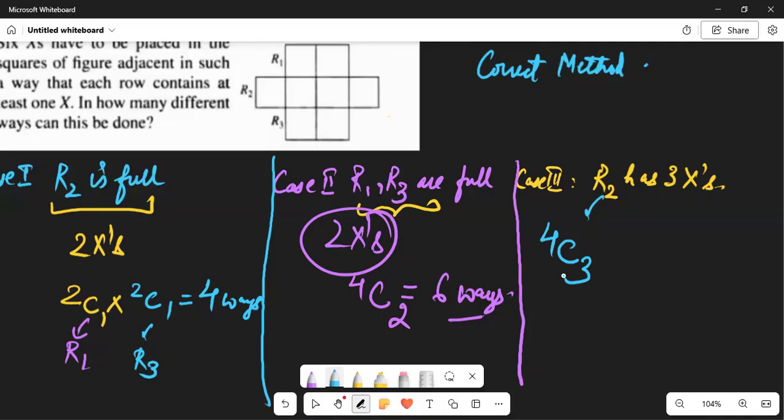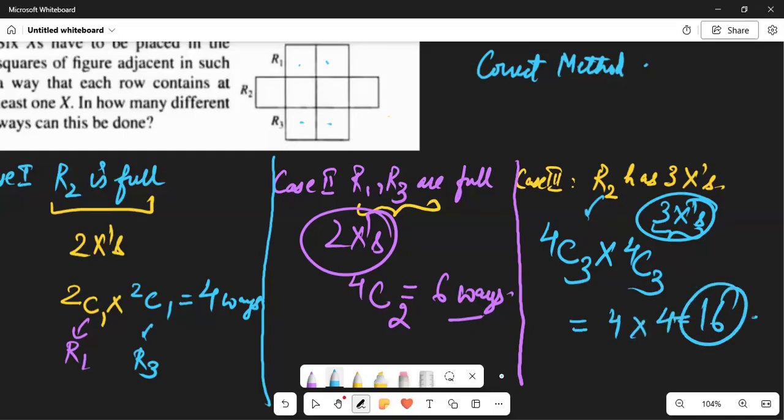So that you can choose your 3 squares out of those 4 squares where you will be substituting your x. Now the rest, you have 3 x's remaining because R2 has already taken 3 x's, and those rest 3 x's you have to fill in R1 and R3. So you have in total 4 positions, including your R1 and R3. Now, out of those 4, you have to choose 3. So this gives you 4 into 4, which is 16.